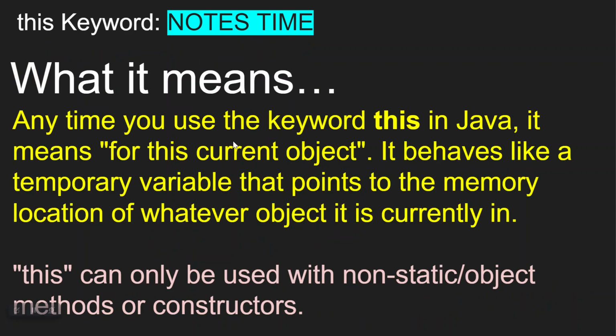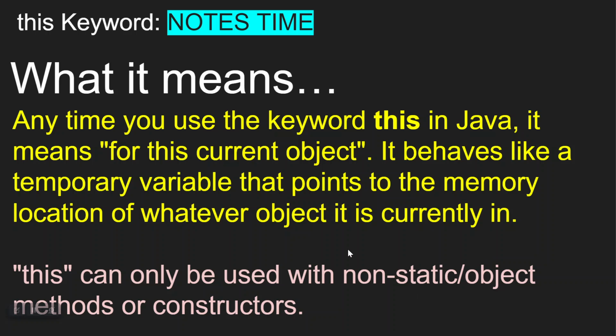So what does the keyword this mean? Anytime you use the keyword this in Java, it means this current object. It behaves kind of like a temporary variable that points to the memory location of whatever object it is currently in. And the keyword this can only be used with non-static object methods or constructors.